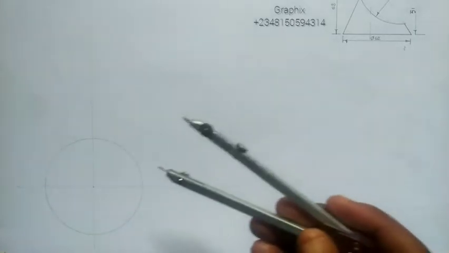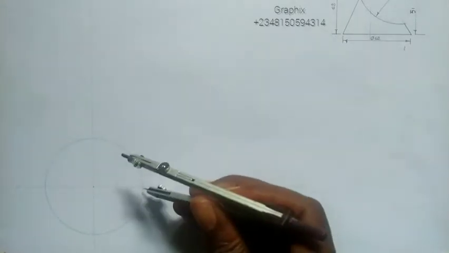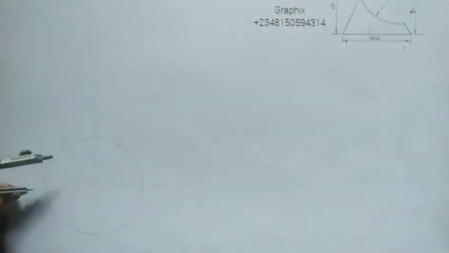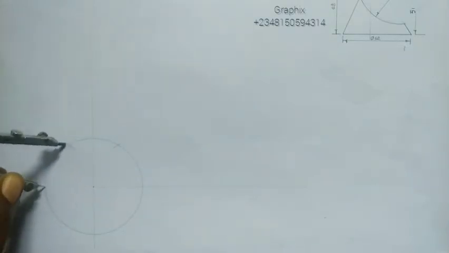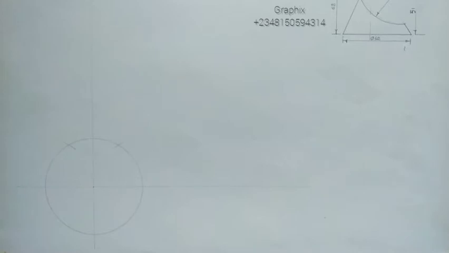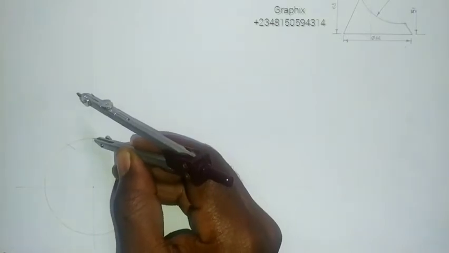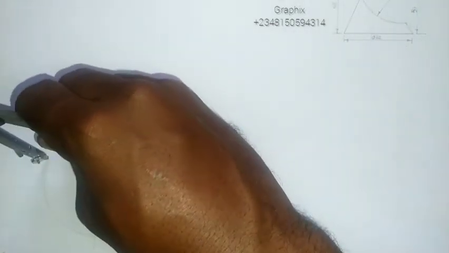So with the same radius I used to draw my circle, which is 31, I'll place it here. I'll strike an arc up. I'll place it here. I'll strike another arc here, right? So in doing that, I'll place it up here too. I'll strike another arc this way.